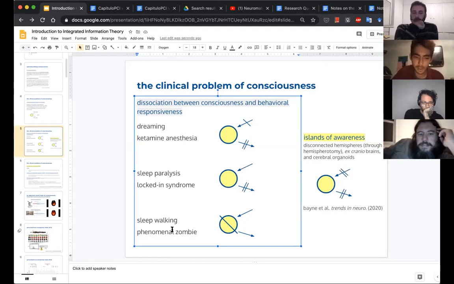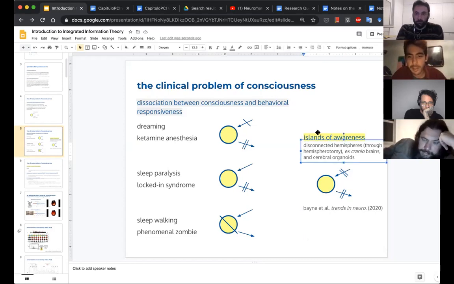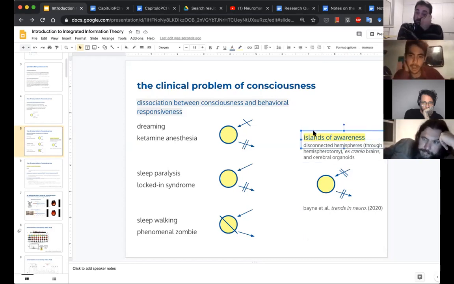And then also the philosophical case of the phenomenon of zombie, in which you have behaviors without consciousness at all. So this led to this nice concept of islands of awareness, in which it is actually feasible, not only conceivable, that you could get in principle full consciousness that is completely disconnected from the environment.